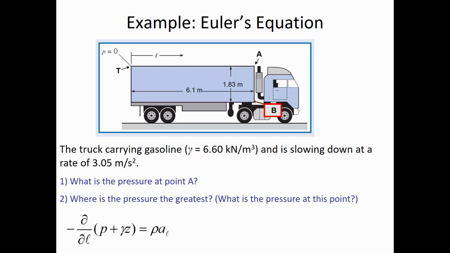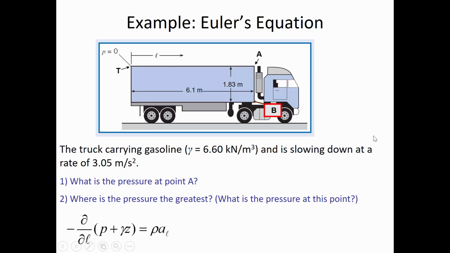So if it was accelerating to the left, that means that the pressure increases as we go in the rightward direction. And the highest pressure was down here at B, because that's as far down as we can get, and then it's as far to the right as we can get inside of that tank.